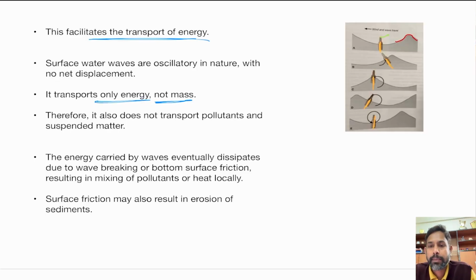So what exactly happens is, when waves move from right to left or left to right, it is only the waves that go backward or forward, whereas the object that you see only bobs up and down, and does not really move sideward.